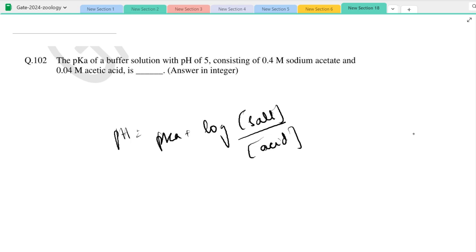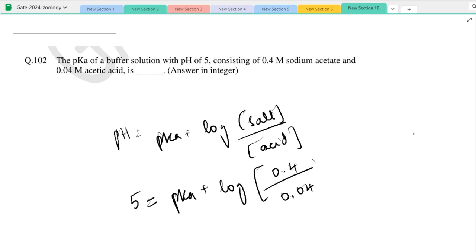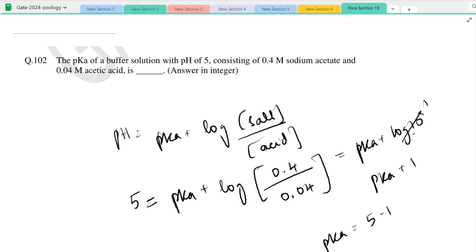Here we need to find pKa. pH is equal to 5, so 5 equals pKa plus log of the salt concentration, which is 0.4, divided by the acid concentration, which is 0.04. So this will be pKa plus log 10. Log 10 is 1, which is pKa plus 1. Therefore, pKa is equal to 5 minus 1, which is 4. So the correct answer here is 4. Very simple, basic 11th standard chemistry question.